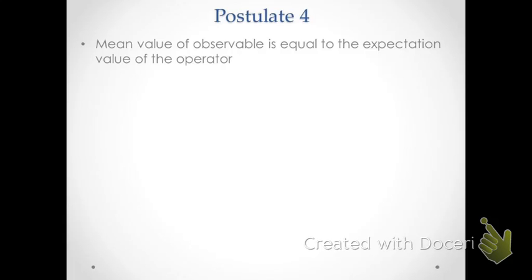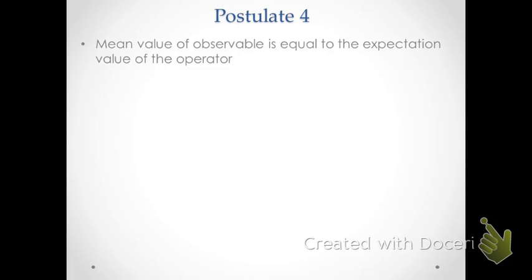Okay, postulate 4 has to do with a series of measurements that we make in the lab, and basically what is the average value associated with those measurements. So, for example, if our function is not an eigenfunction of a particular operator, what does that mean?